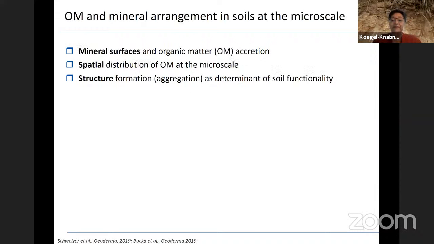Now, my topic here will be mineral surfaces and organic matter accretion. I would like to look at the spatial distribution of organic matter at the microscale and on structure formation, aggregation, as it is determining soil functionality.